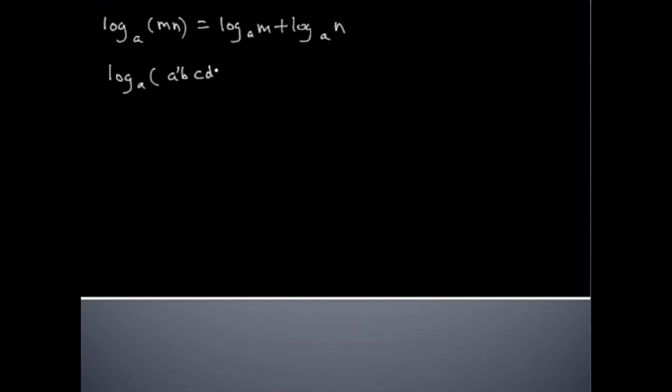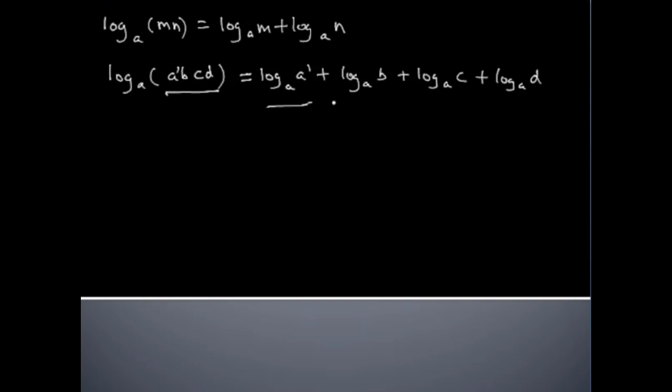Let us take it as a dash, because we have already got the base a, and b something different from a. We've got log base a of b plus log base a of c plus log base a of d. The more terms you have inside the bracket, the more terms you get if you expand the logarithmic notation.